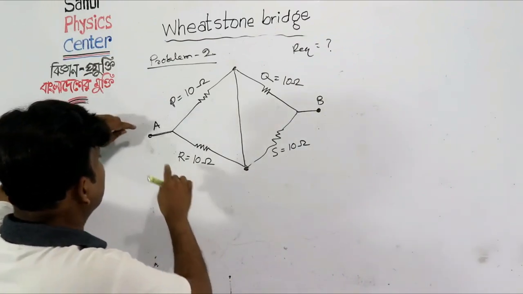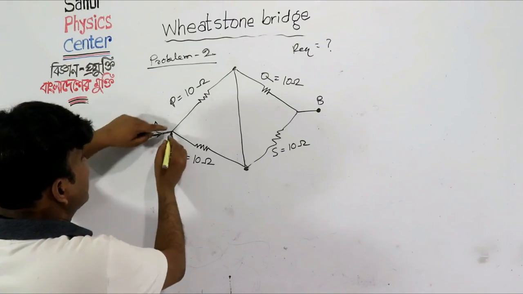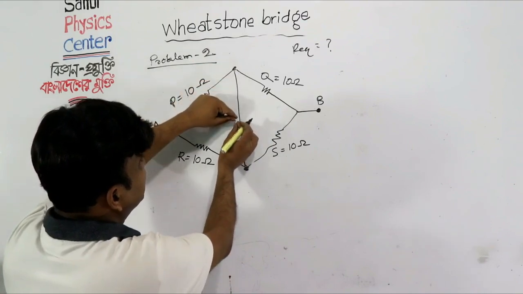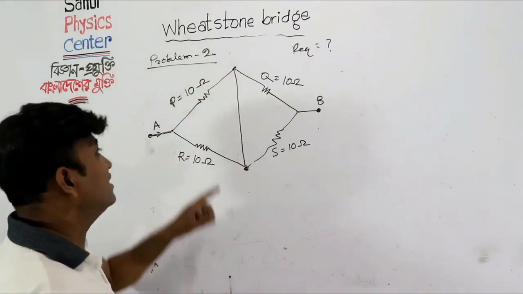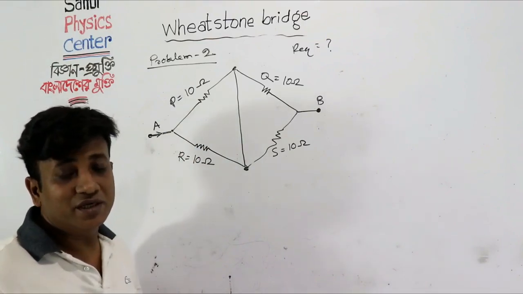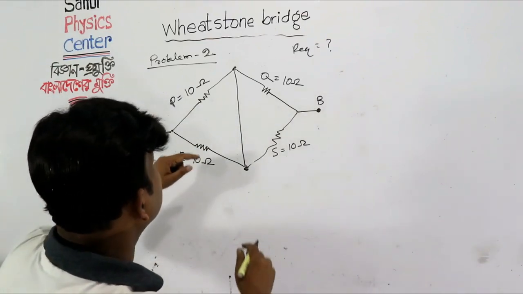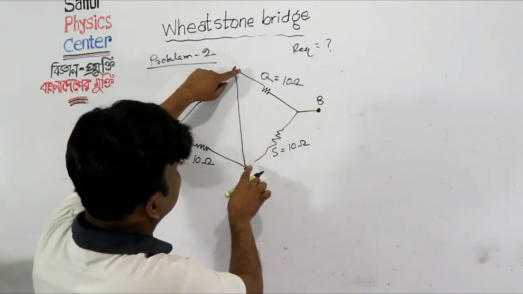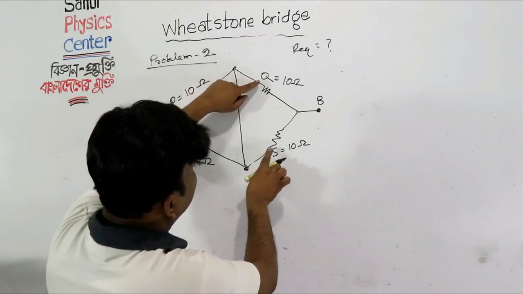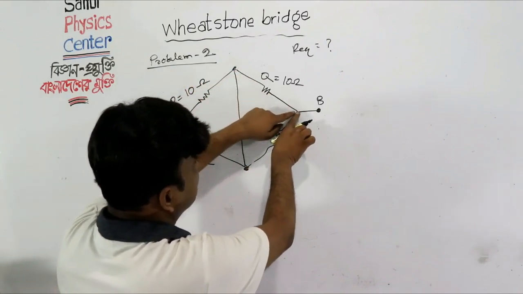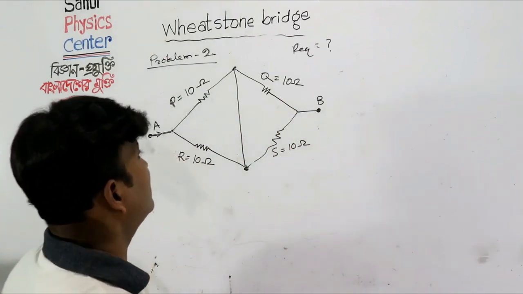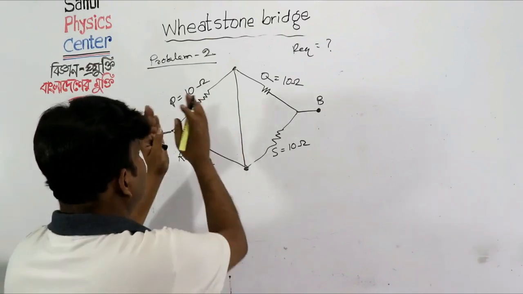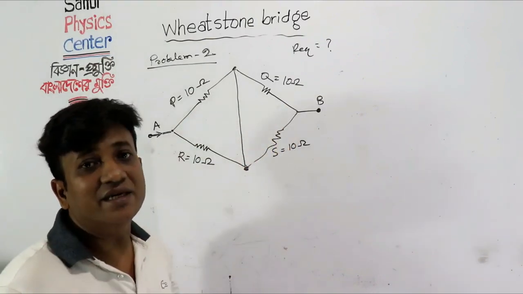That's why the current, when it reaches point A, will be separated into 2 paths, and they will meet together here. That's why P and R will be in parallel. Next, from this point it will be divided again into 2 paths across Q and S, and they will meet together at point B. That's why Q and S are parallel to each other, but this side and this side are connected in series.